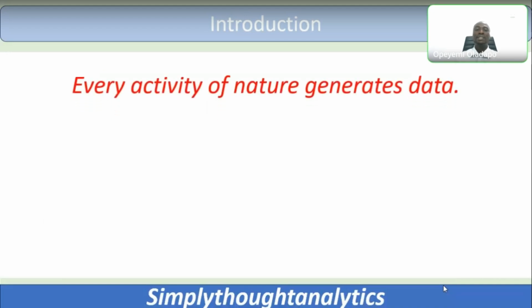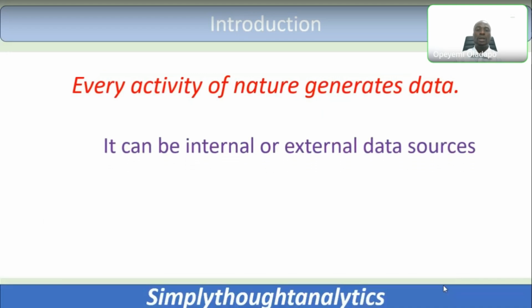Generally, every activity of nature generates data, and this is why data is everywhere and is one of the greatest resources of nature. So data sources can be classified as internal or external data sources.